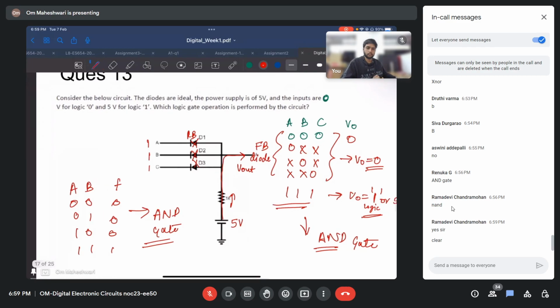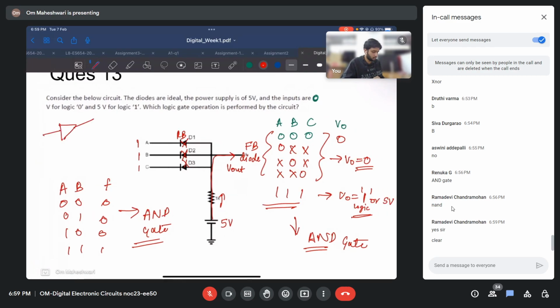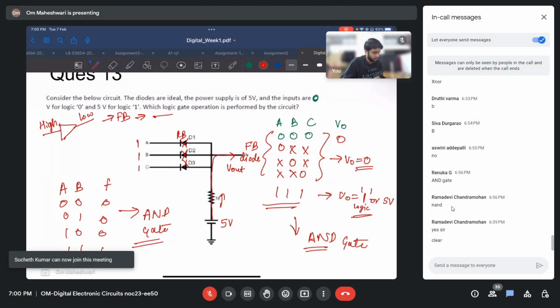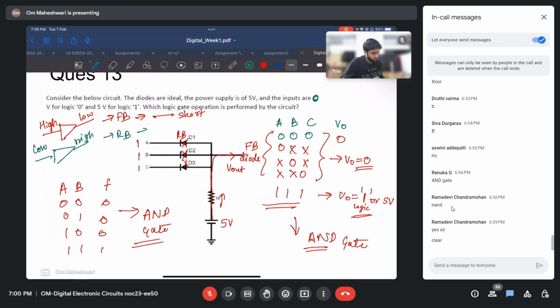So you just have to remember this. If this is high, this is low, it's forward bias, essentially short circuit. And if this is low, this is high, reverse bias, open circuit.